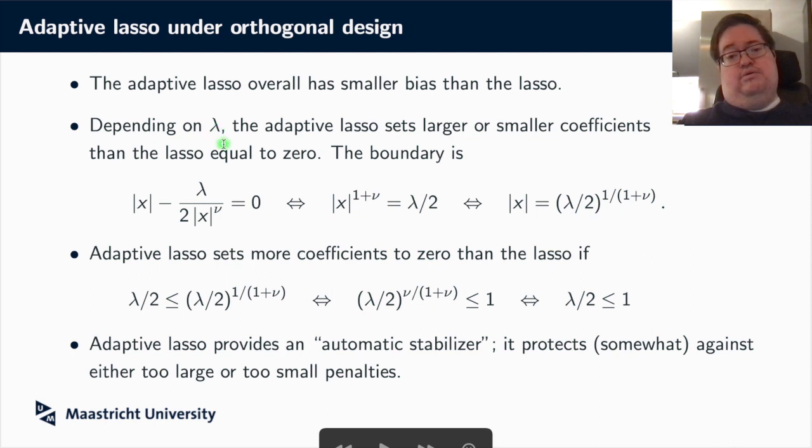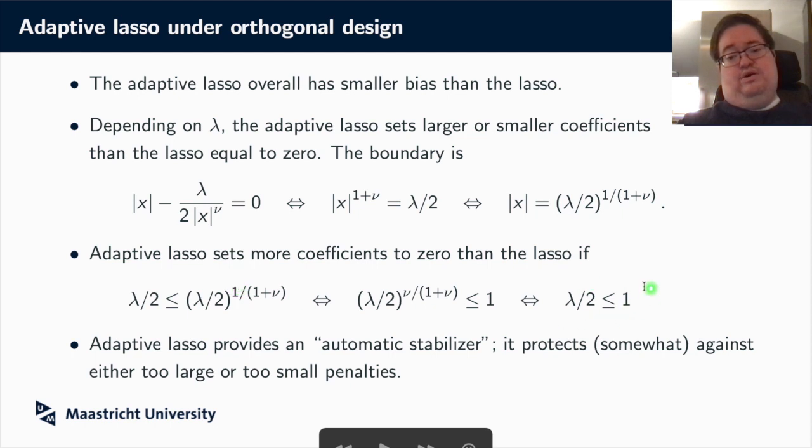We can calculate the boundary point, because we know the condition for exactly when the adaptive lasso will start setting things to 0, so you can see how large or small your x should be, and it will have this value. What we know for the regular lasso is that value is just lambda over 2. That's what we already calculated before, and we can simply check when is lambda over 2 smaller than lambda over 2 to the power 1 over 1 plus nu.